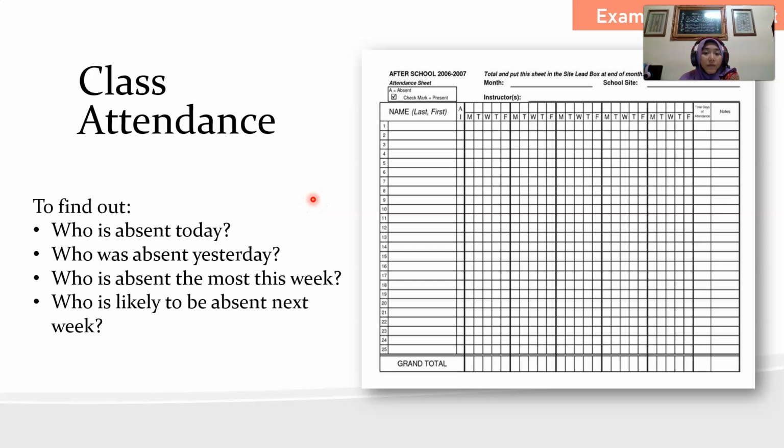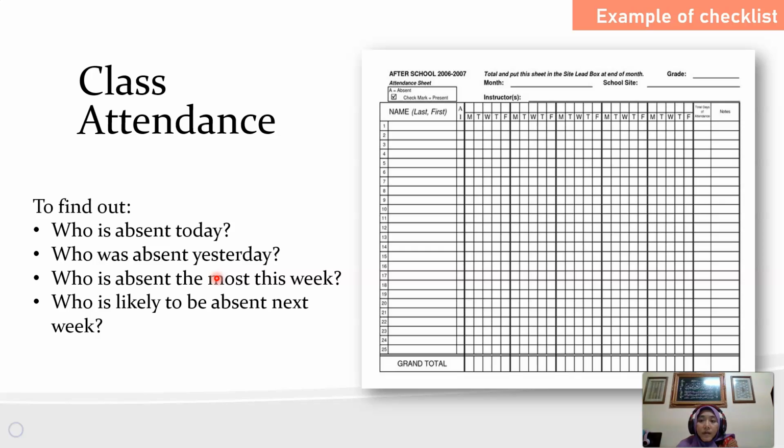Okay, and then this is an example of class attendance. This is one of the examples of the checklist, where you want to record students that are present or absent, in one month for example, or for the whole semester. Very common, right?